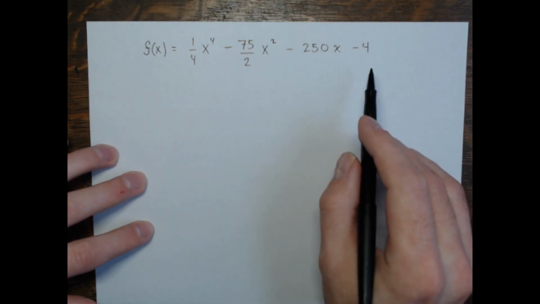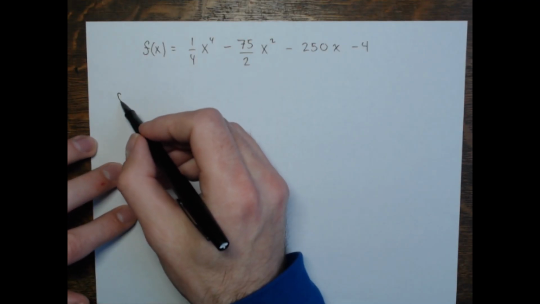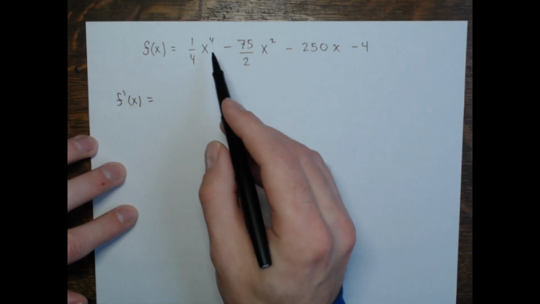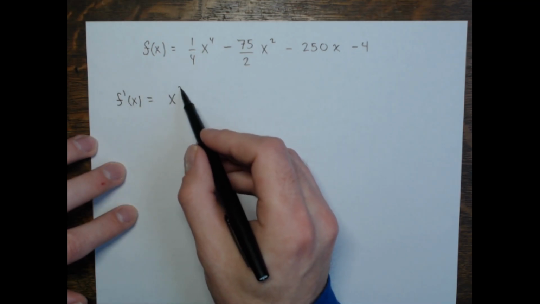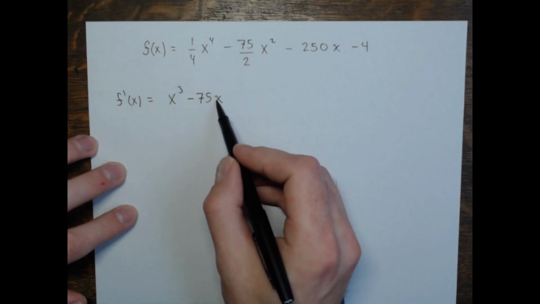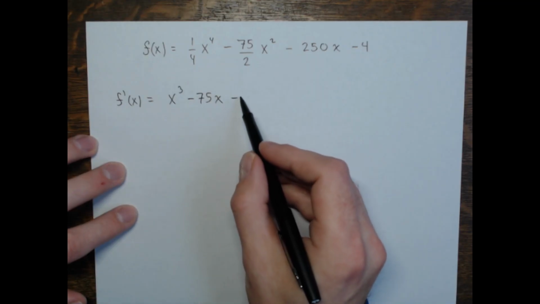So there's our original. Let's talk about where it's increasing or decreasing, right? We're looking at the first derivative. So that'd be just 1x cubed minus 75x, then minus 250.